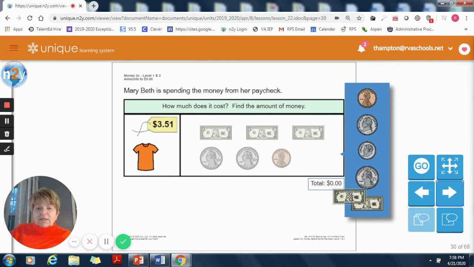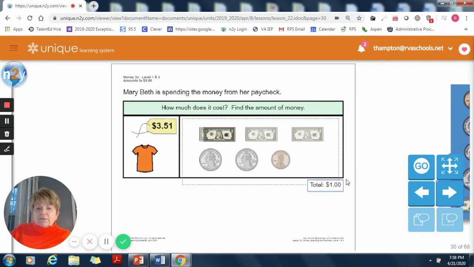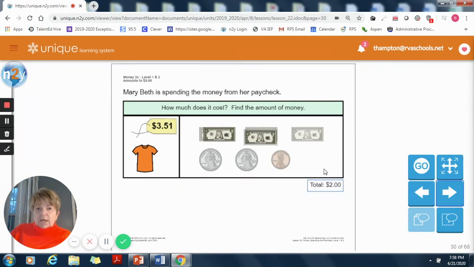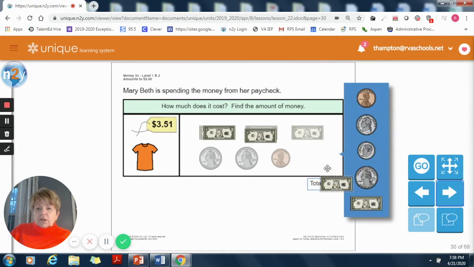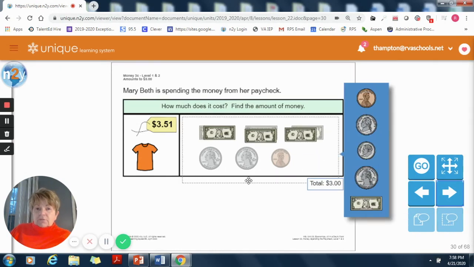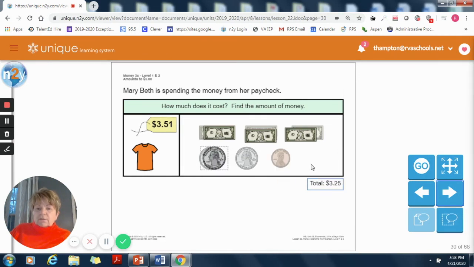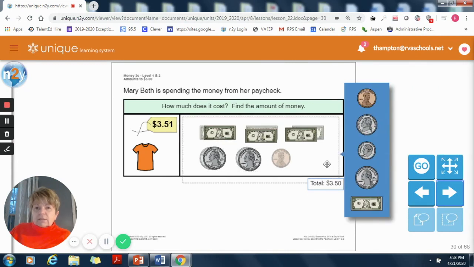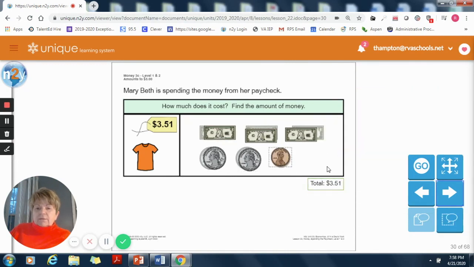How many $1 bills do we need? $1, $2, $3. Now how many quarters to make our 50 cents? 2 quarters. 1, 2, and then how many pennies? 1 penny to reach our $3.51.